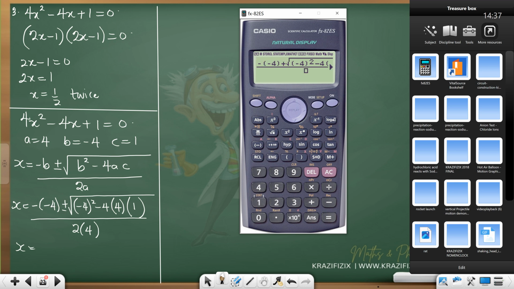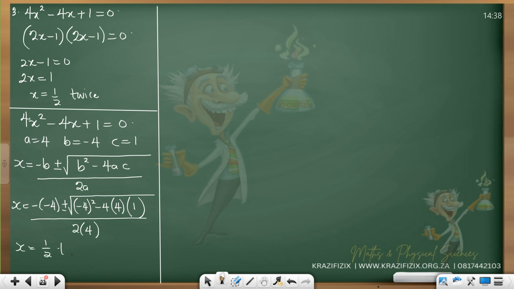Do you notice I'm typing it exactly the way I wrote it down? That's why you must write correctly. I have a half. If I then change my sign from plus to a minus, I also have half. So x equals to 1 over 2 again, twice.